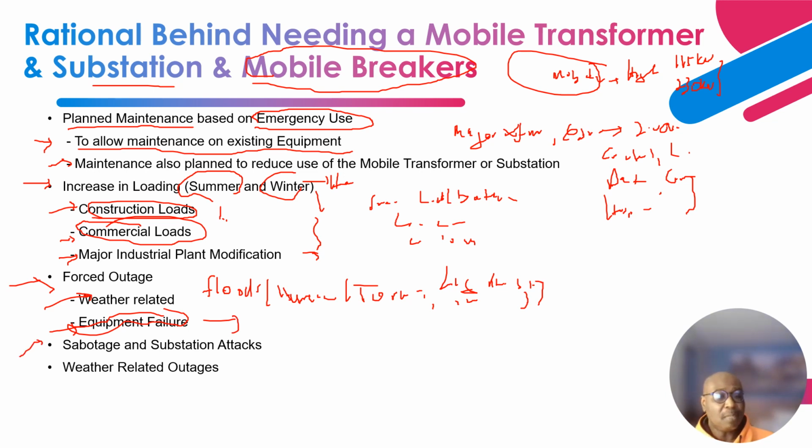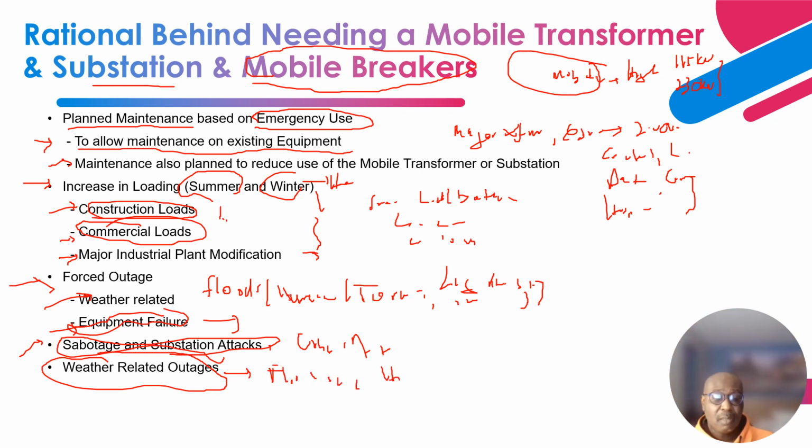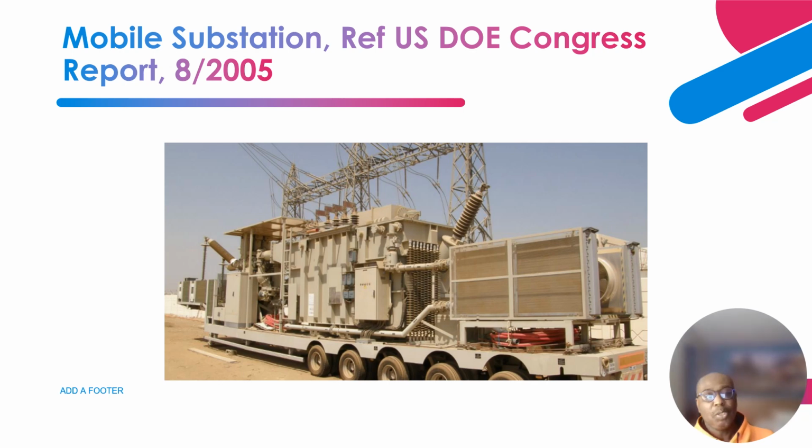The other one is sabotage and substation attacks, and we've seen a lot of these, sometimes cyber security attacks and physical substation attacks. The other one is weather related, and I made mention of that. This one is due to floods, seasonal floods, hurricane, tornado, etc.